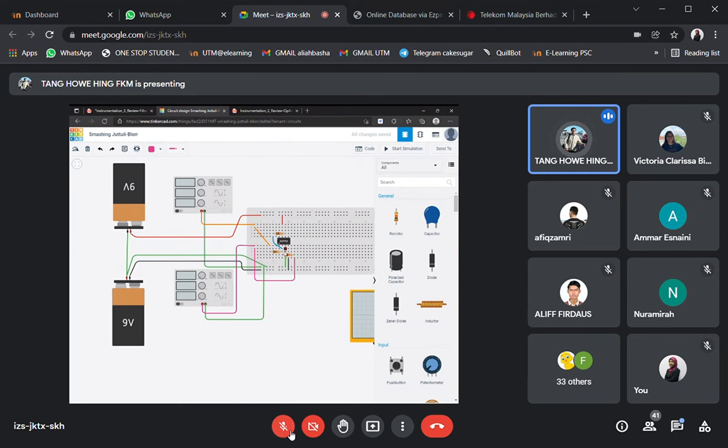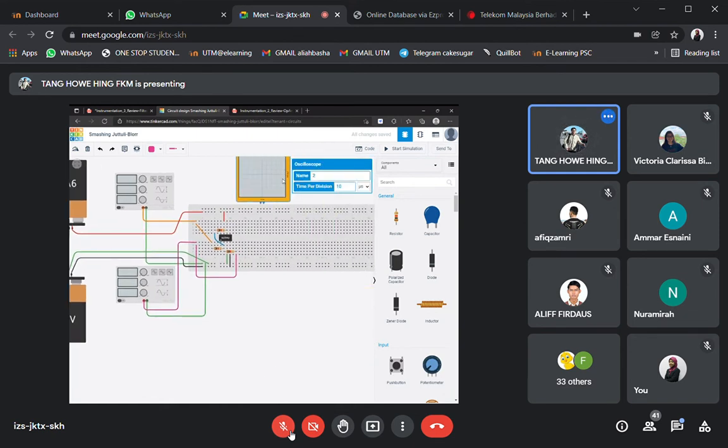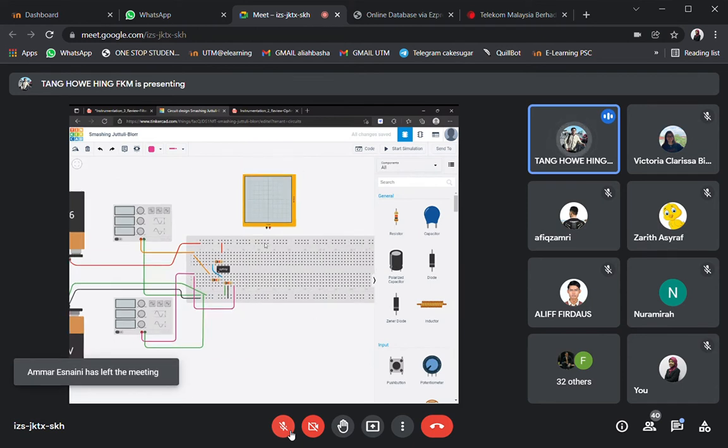Okay, and then this one already goes to the ground, power supply, and this is the output. So for this output, all right, and now for the negative, let's go to the ground.